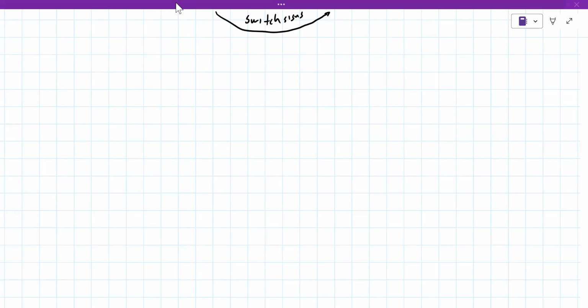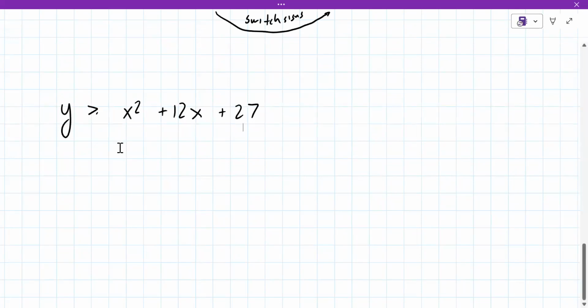That helps out here. So let's say it's y greater than x squared plus 12x plus 27. Okay. But it says to solve, we're going to solve this. Now to do this, you have to be able to factor what's written here.